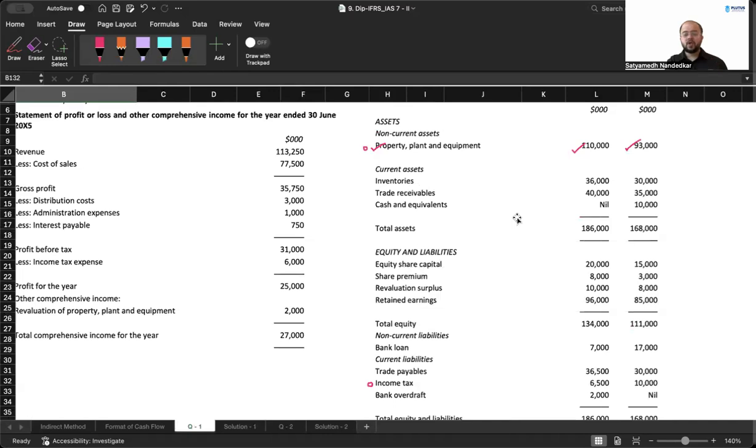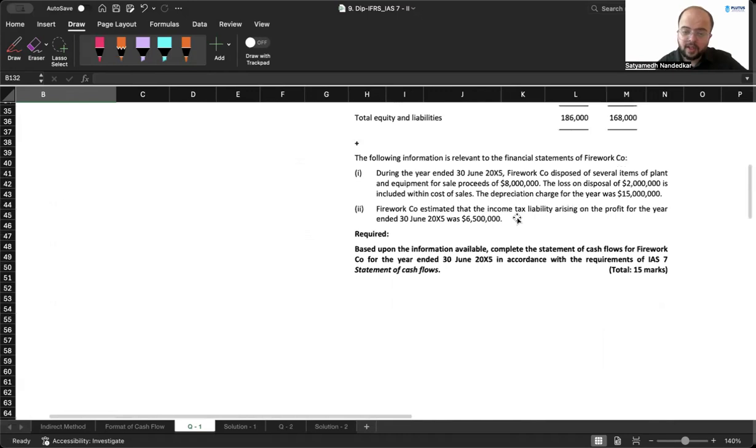Had they shown the accumulated depreciation separately, that would have meant the asset is at cost. Because they have not, the entry is depreciation account debit to non-current asset.